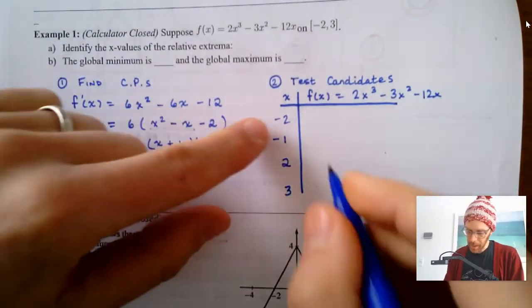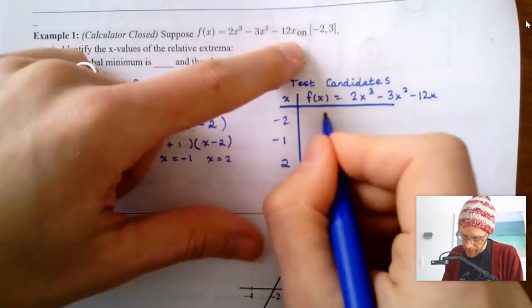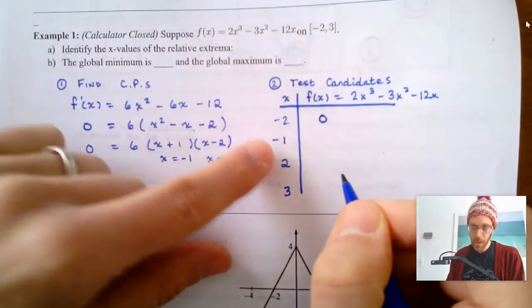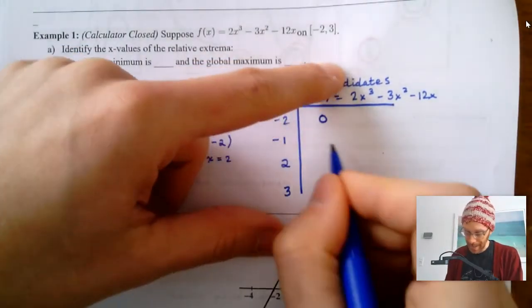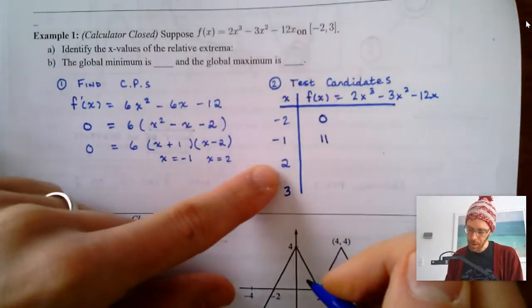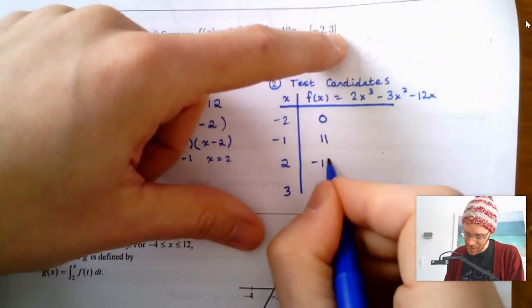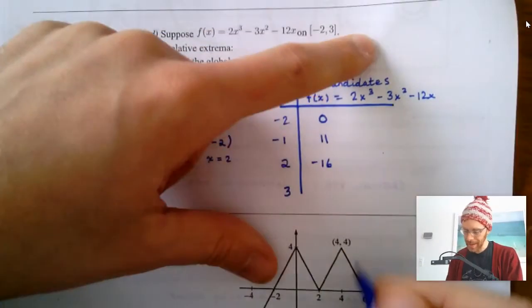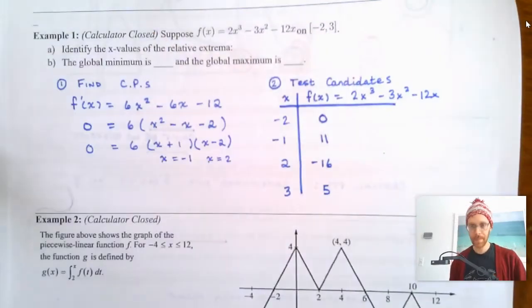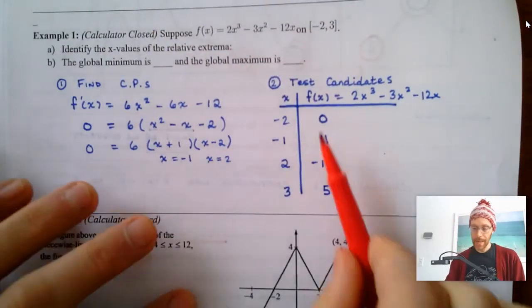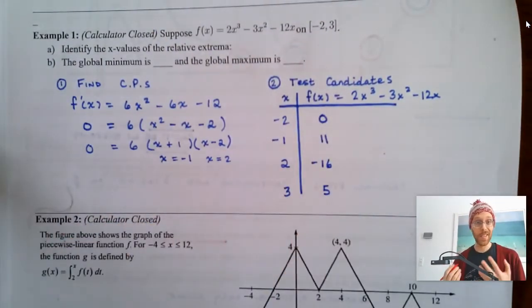I've done this already. When I plugged -2 in, I got 0. When I plugged -1 in, I got 11. When I plugged 2 in, I got -16. And when I plugged 3 in, I got 5. So you just look at these values, whichever one is largest, that's your global maximum.